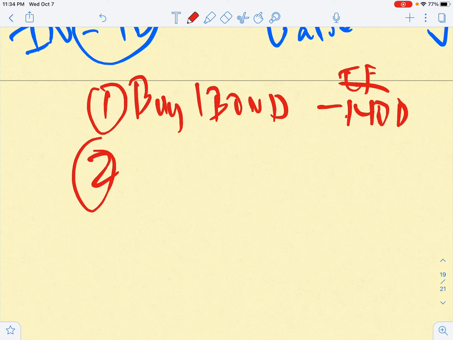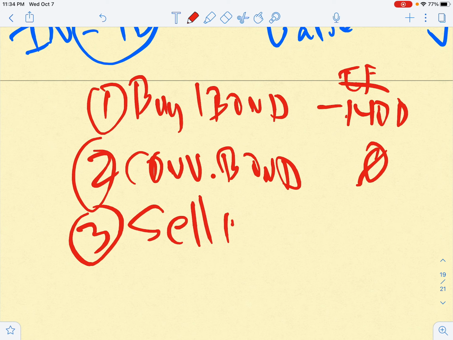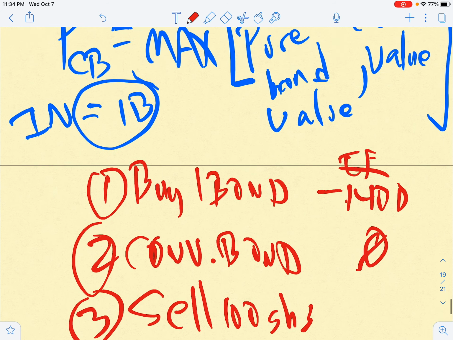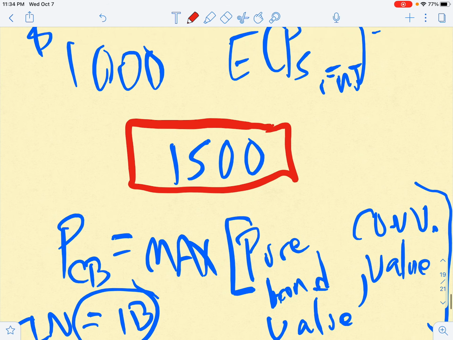Okay, so step two is convert bond. Okay, there's no cash flow there. But now you've got 10 shares of stock. And then step three, remember we assumed the price was $150 a share. You sell 10 shares. Okay, we sell them at market price, 150 a share.